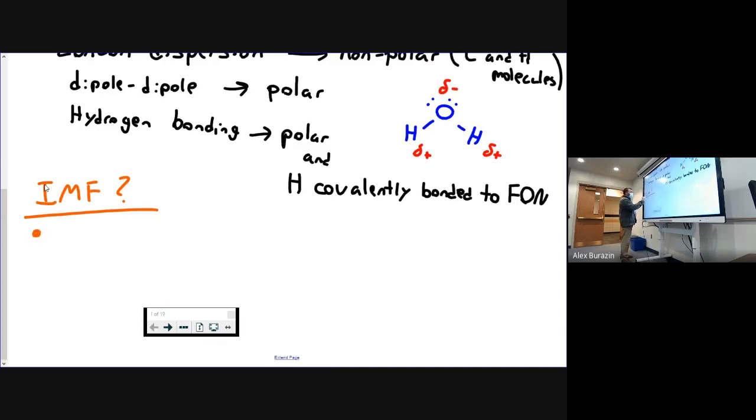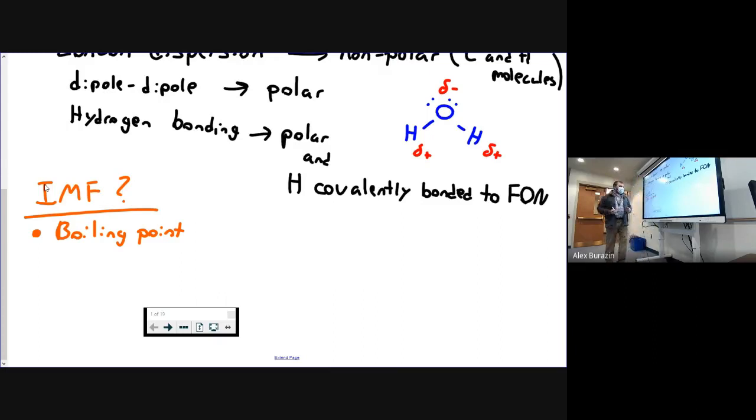They ask about boiling point. That's their favorite. If you see a boiling point question, it's an intermolecular forces question. If they ask about the boiling point or want you to compare boiling points of two different things, it's an intermolecular forces question, guaranteed, dead giveaway.